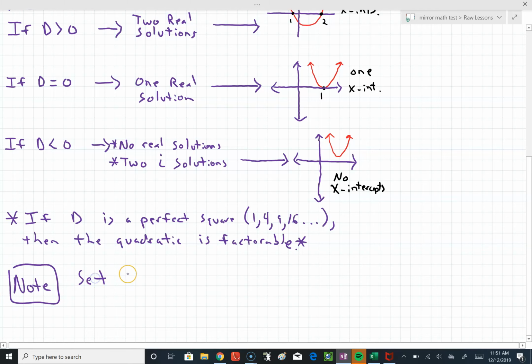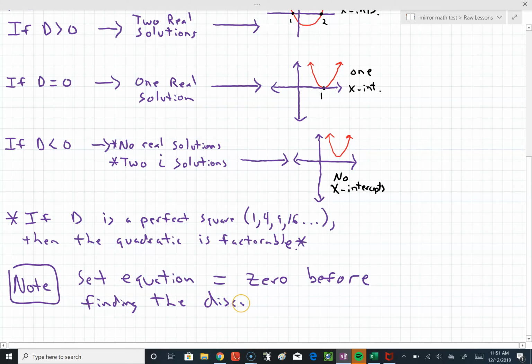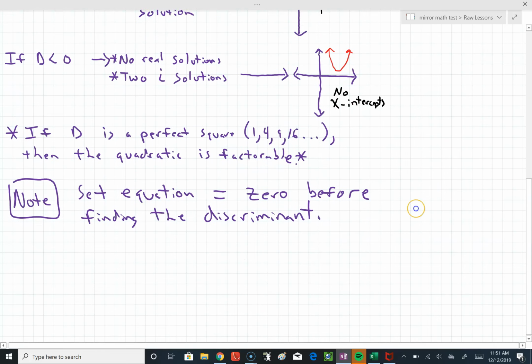Set the equation equal to 0 before finding the discriminant, just like when using the quadratic formula. So we might have to employ additive inverse.